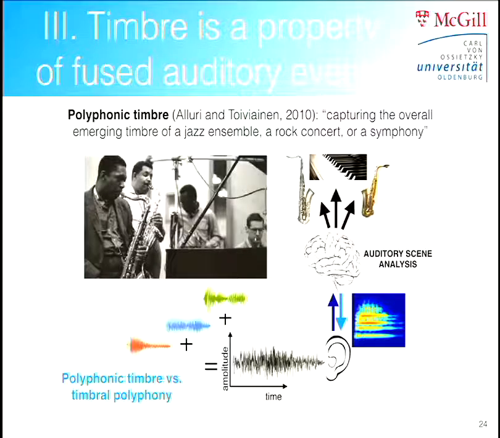And the assumptions basically are that the feature analysis of the mixture accurately reflects auditory scene analysis. Because when you listen to a mixture, what happens is the auditory system decomposes them, at least partially, into different streams, stream segregation, and then timbre is computed on the separate streams, right? It's not computed on the mixture of the streams.